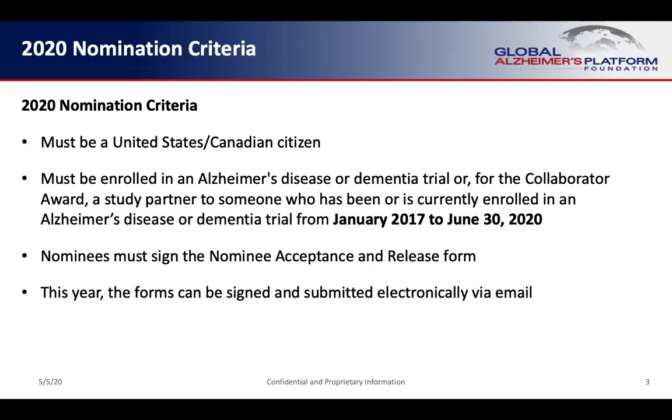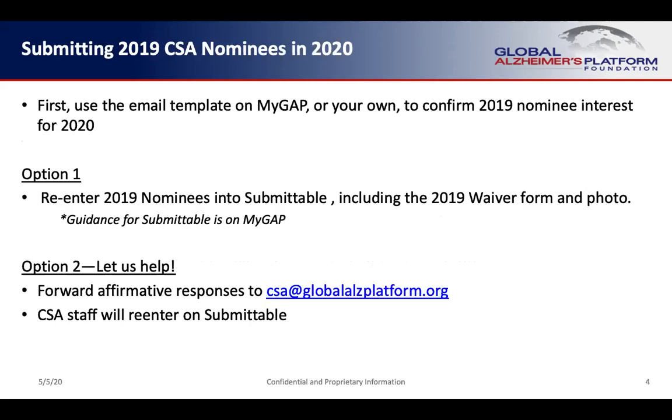If you are resubmitting a 2019 nominee, their 2019 waiver and their 2019 photo can be resubmitted for the 2020 time period. When submitting the 2019 CSA nominees, first use the email template that is provided on MyGap, or you can use your own email to confirm that your 2019 nominee is still interested in participating in 2020.